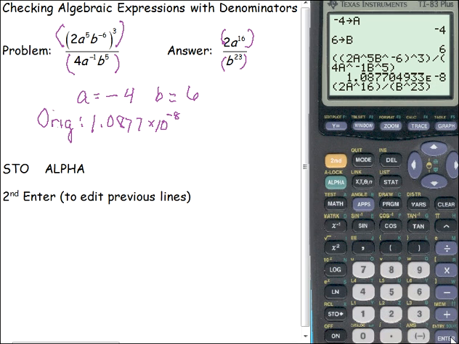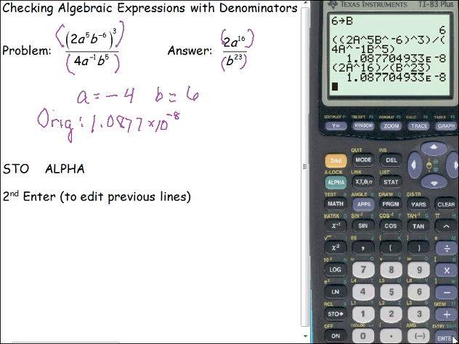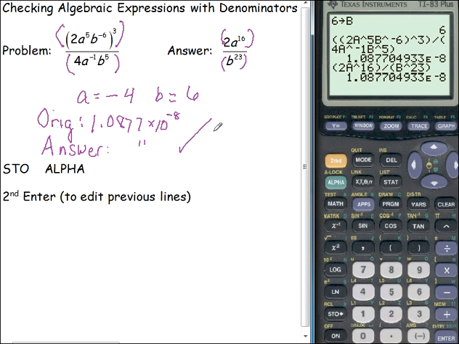And let's hit enter to see what we get for that. We get the same exact number. Same exact number, checks.